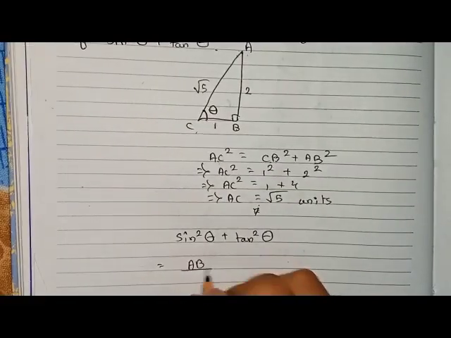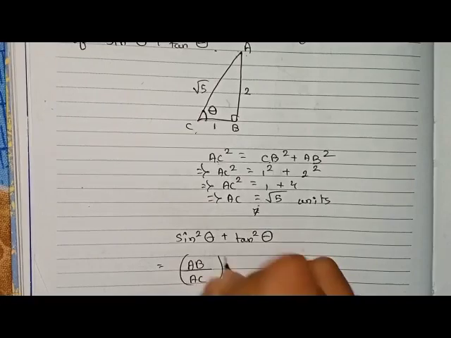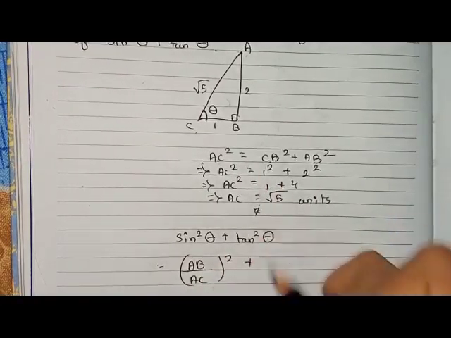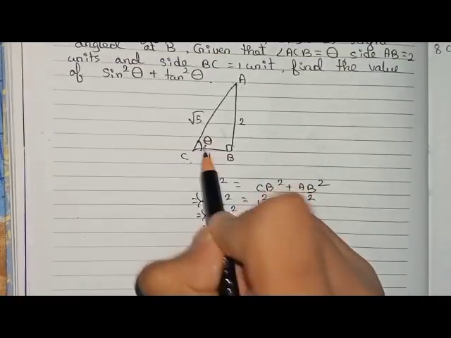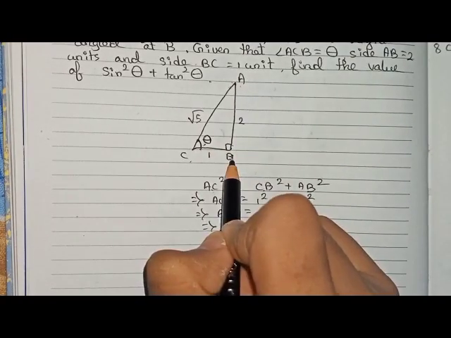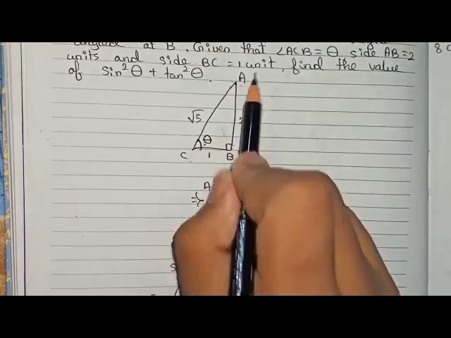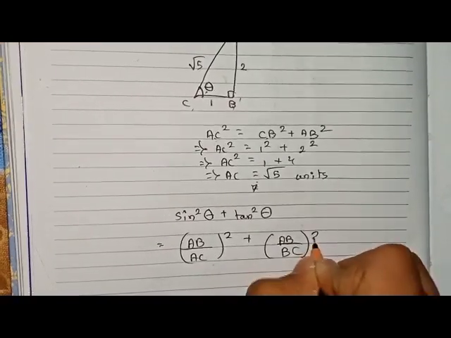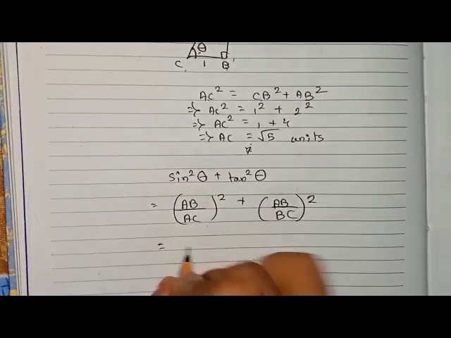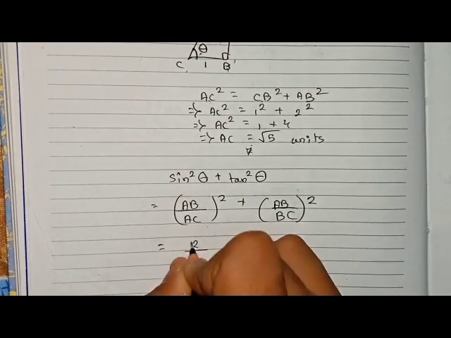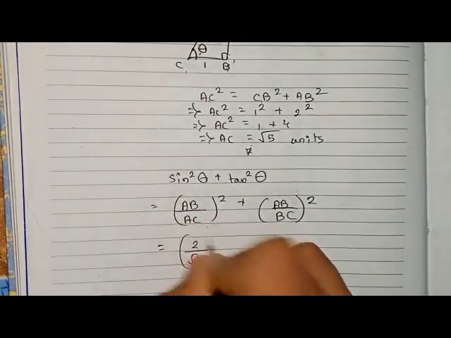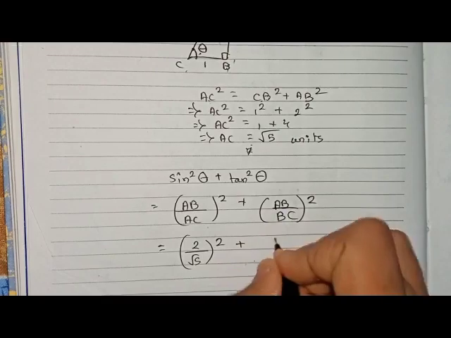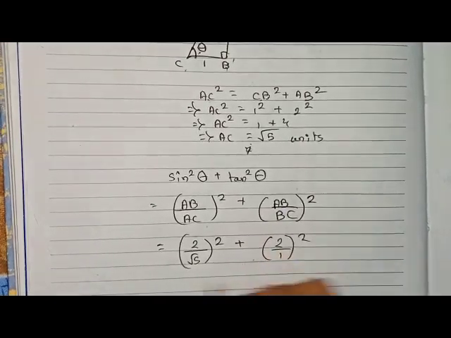So AB by AC whole square plus tan theta. So here is theta, opposite side height, down base. Height by base, that means AB by BC whole square. So AB value is 2 by root 5 whole square plus AB value 2, BC 1 whole square.